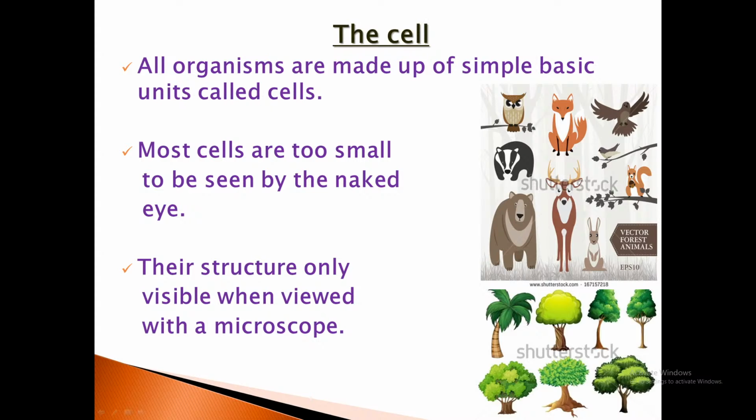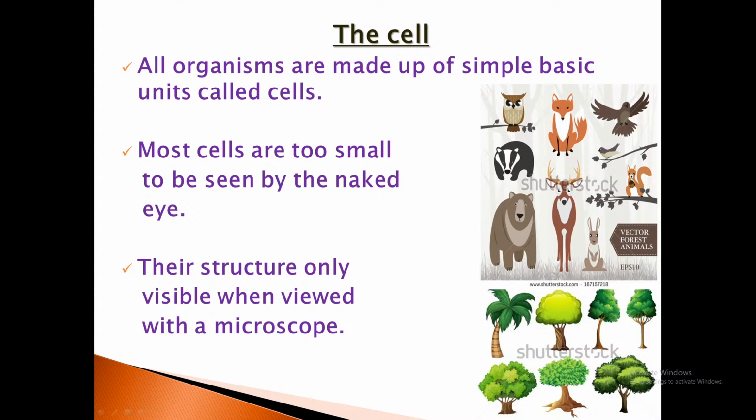For example, in human we have red blood cell, white blood cell, platelet, nerve cell, muscle cell. So we have different cells inside our body. Human beings are called multicellular organisms, because we have more than one type of cell.